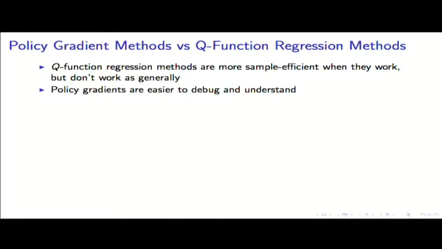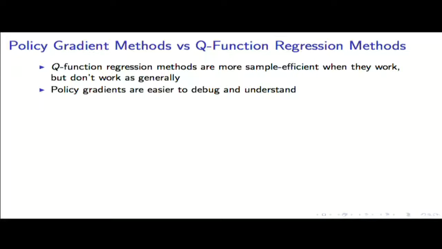The Q function regression methods are usually more sample efficient when they work, but they don't work as generally. For example, on Atari, the best results that have been published in terms of learning fast in a small number of samples are obtained with these methods that learn a Q function and do lots of experience replay or lots of off-policy learning.